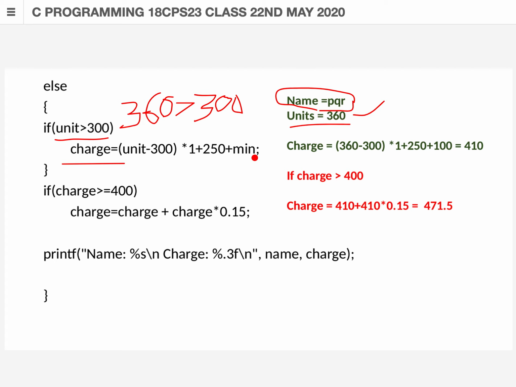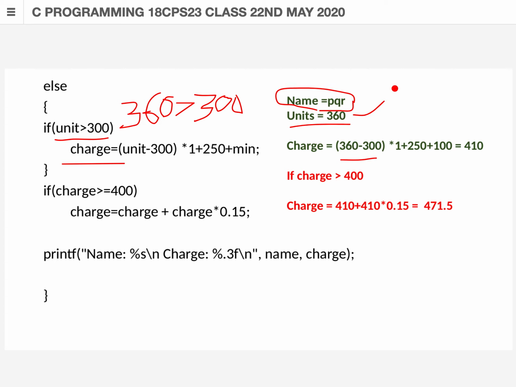So here, the first iteration is 360 minus 300, since up to 300 units. So 1 to 100 units is 160 and another 100 units will be charged at 90 paise per unit.